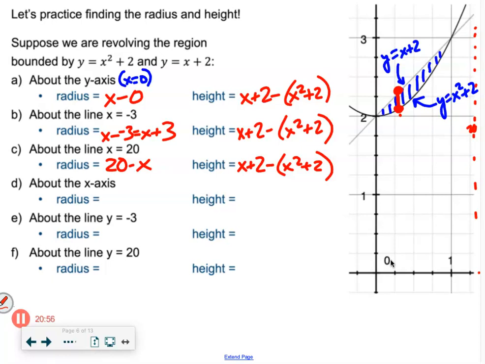So now we're going to reverse everything, and we're going to revolve this region horizontally. When you revolve horizontally using shell, it's dy. So now our radius is going to be with y's.